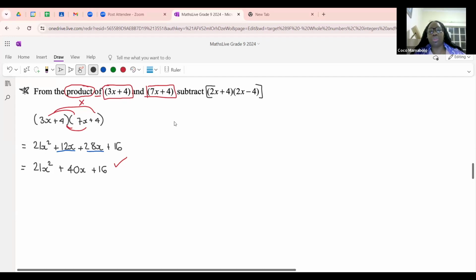We also have to do FOIL, correct? We need to do FOIL again. So we're going to do first, outer, inner, last. If I do that quickly, I'm going to get 2x times 2x, 4x squared. I'm going to get 2x times negative 4, which will give me negative 8x. Then 4 times 2x will give me positive 8x.